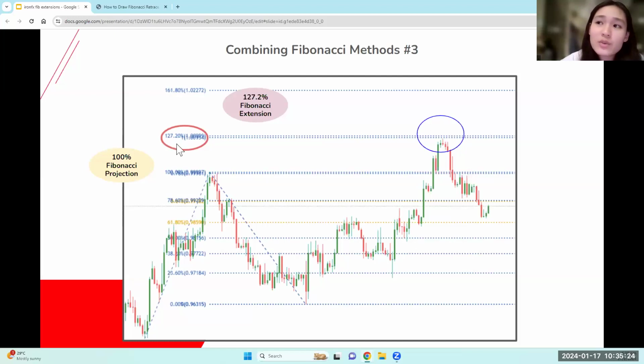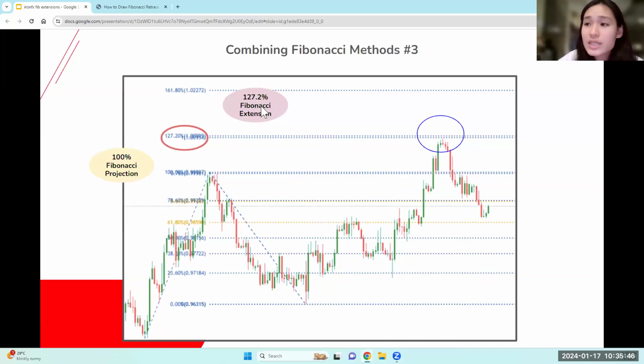So that's why we're looking at 127 and 161.8. Fibonacci projection wise, we are looking at the lightning bolt shape again. So starting point here, middle point here, and ending point here. So the 100% Fibonacci projection lines up nicely with our 127.2.